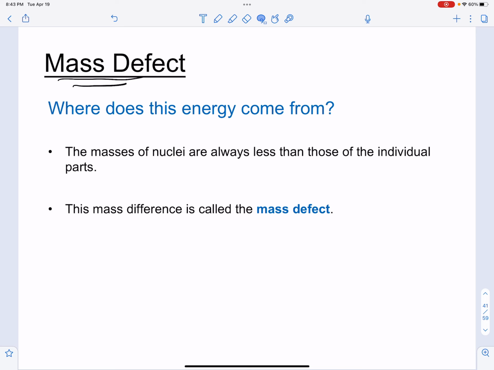Remember we were talking about the strong force at the beginning, and we were saying that the neutrons kind of had to do with keeping the protons from flying away from each other. So this difference in mass is because some of the mass has become energy and is holding all the nucleons in the nucleus together. So that's what the mass defect is.